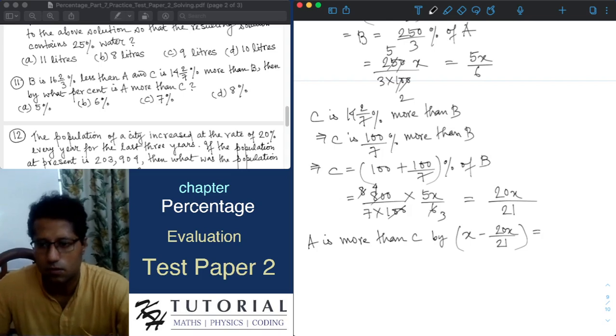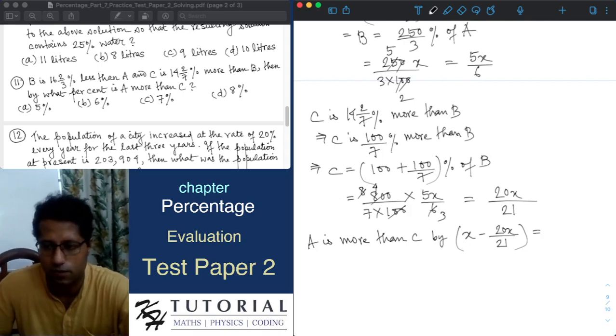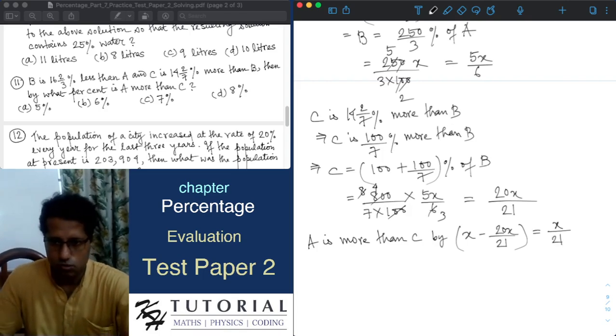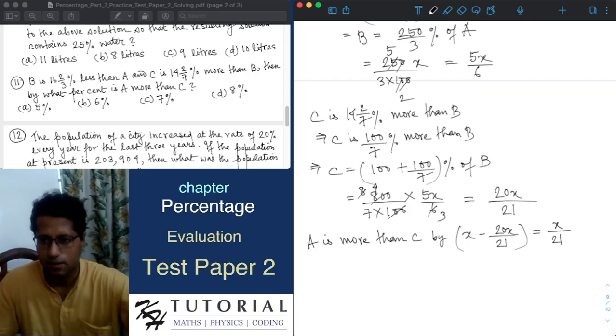This is 21x by 21 minus 20x by 21, which is x by 21. So A is more than C by x by 21.